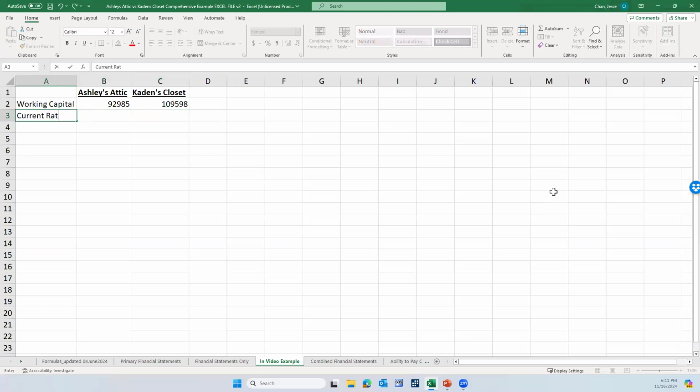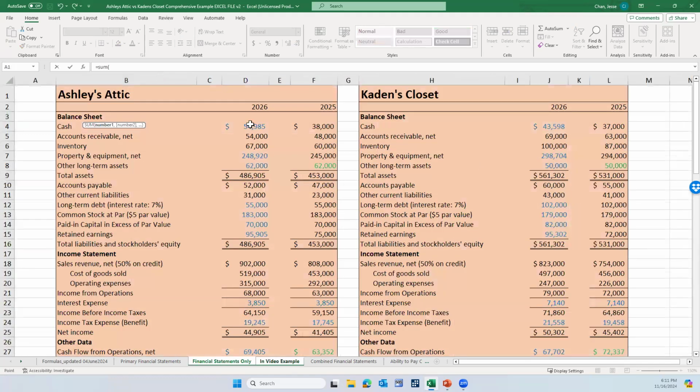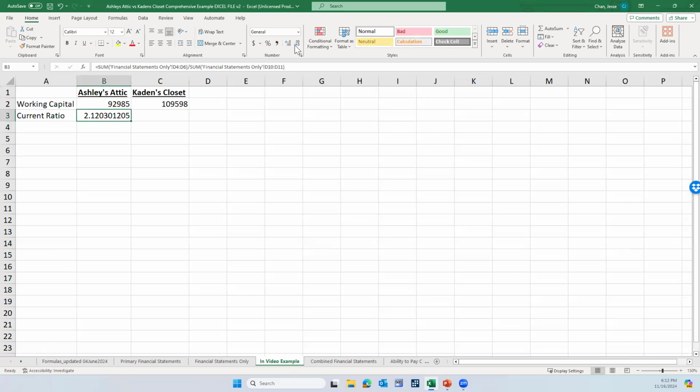Next, we can compute the current ratio. The current ratio is going to be current assets divided by current liabilities. So let's pull our current assets again: cash, receivables, and inventory, and divide it by current liabilities, which is accounts payable and other current liabilities. So Ashley's Attic has a ratio of approximately 2.12 on the current ratio.